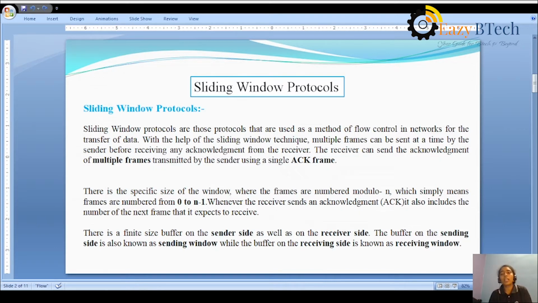This is one type of technique. The sliding window is a technique where multiple frames can be sent at a time. Before receiving each frame's acknowledgement, we will receive one acknowledgement for multiple frames from the receiver.